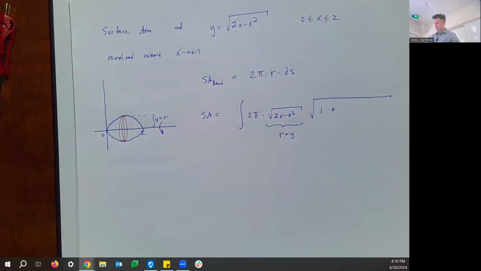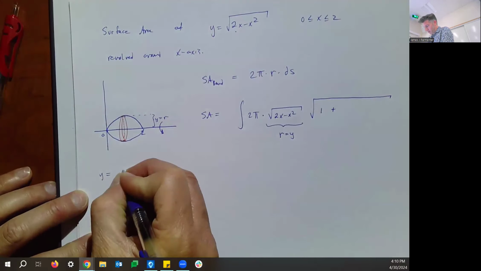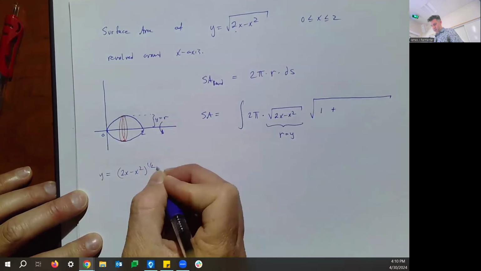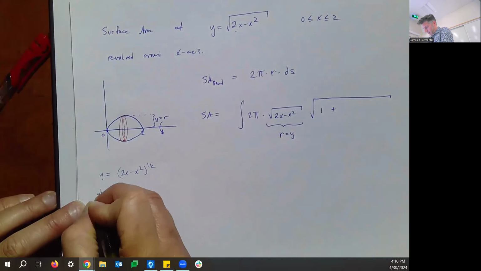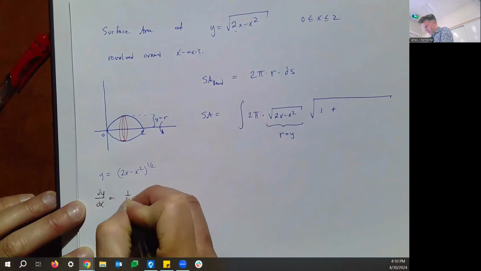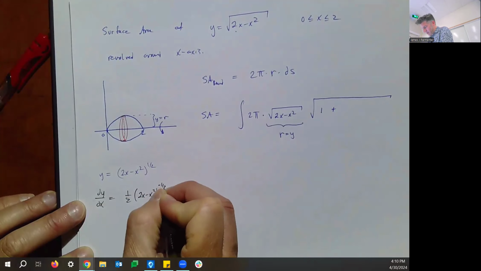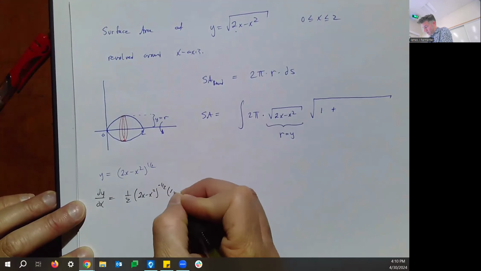Let's find the derivative over here. Let's see, so my y is equal to 2x minus x squared to the 1/2 power. My dy/dx, or my y prime, is going to be 1/2 times 2x minus x squared to the negative 1/2 times the derivative of the inside, which is 2 minus 2x.